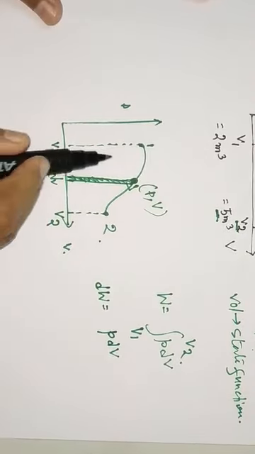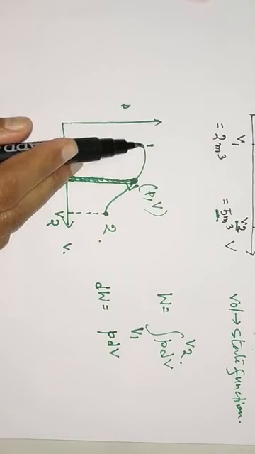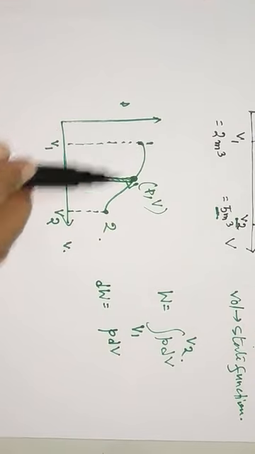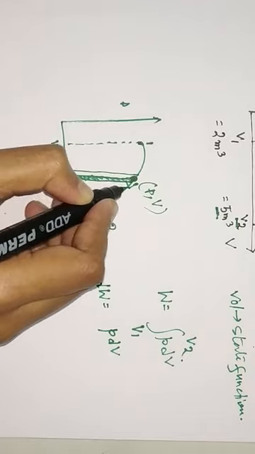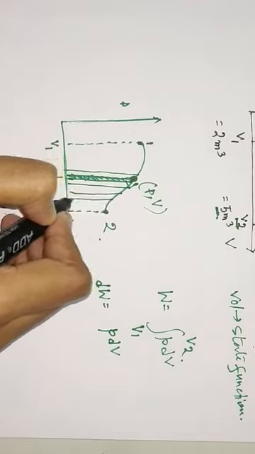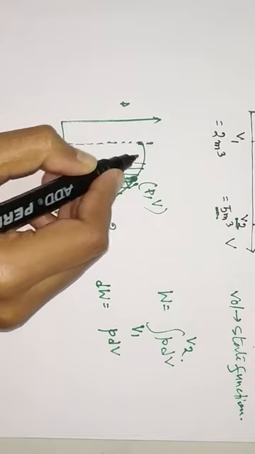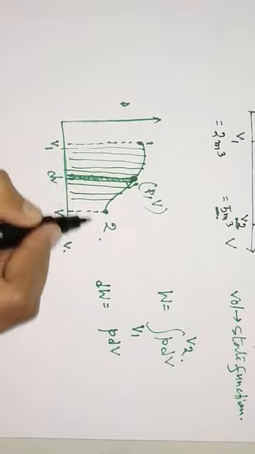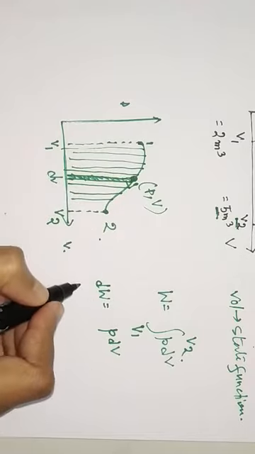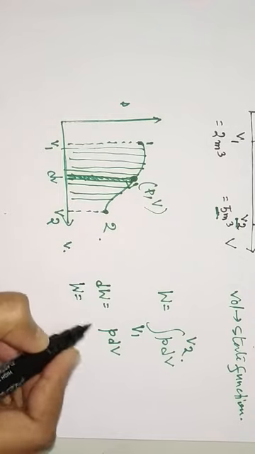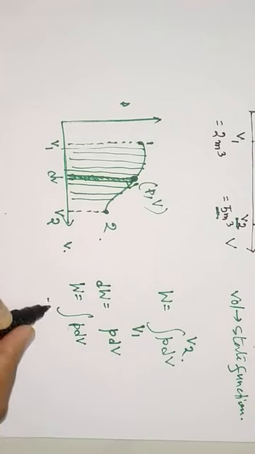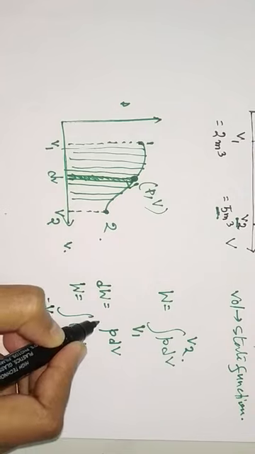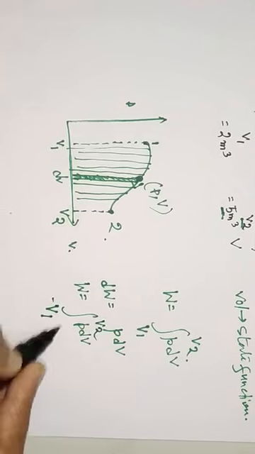Okay, so what is the total work done in making the transition of the system from state 1 to state 2? It will be the sum of all these strips, small P dV, P dV, each a small dW. So the total work done W will be the integration of P dV, and as this integration is over V, it will be from the initial volume V1 to the final volume V2.